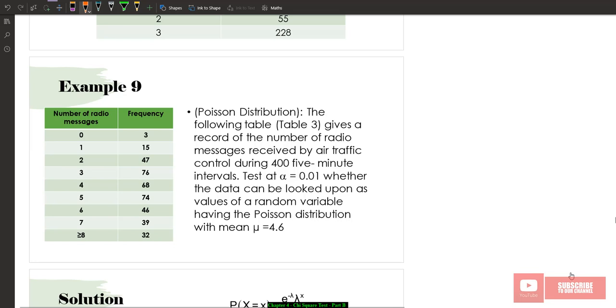Alright, example number 9. In this example we will show another procedure, which is by using a Poisson distribution. The following table, table number 3, gives a record of the number of radio messages received by air traffic control during 400 one-minute intervals.